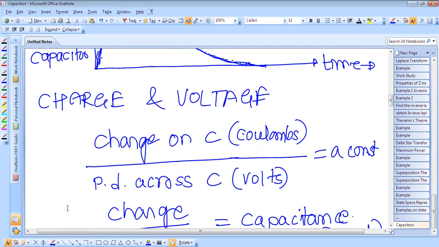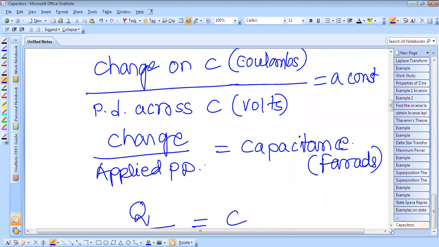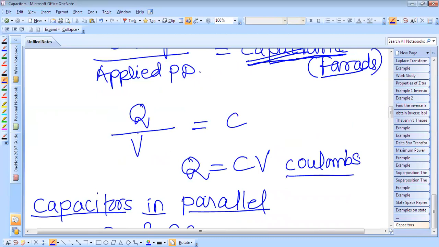From that experiment we find that the charge on the capacitor, Q coulombs, divided by the potential difference across the capacitor, V, is equal to a constant value. Charge upon applied potential difference is nothing but the capacitance, and this is in farad.